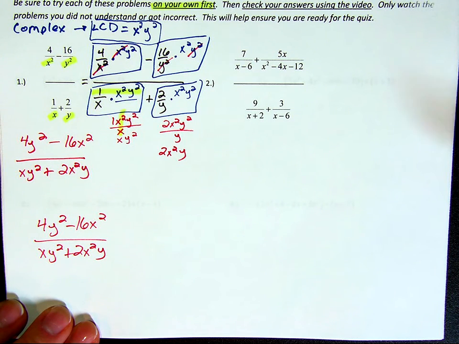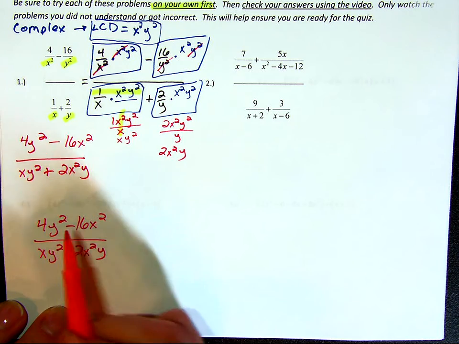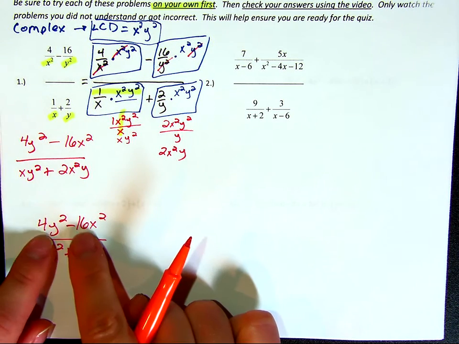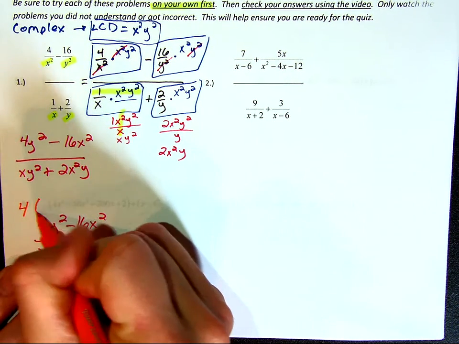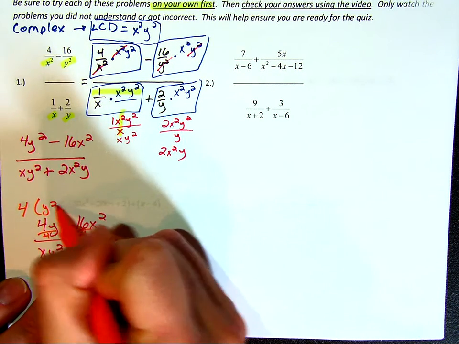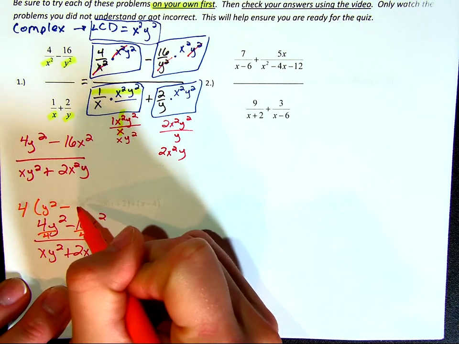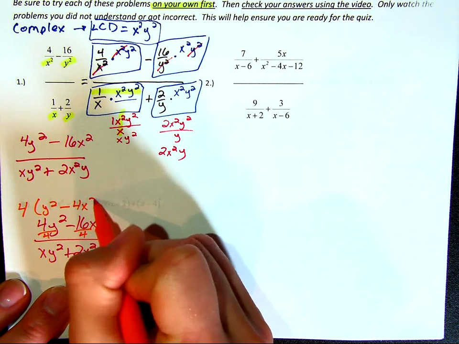So first thing we do is we look for a GCF, and in this case there is a GCF of 4, so be careful. A lot of you will want to split this right away, but there is a GCF of 4, so we have to factor that out first. So we're going to divide each piece by 4, giving us y squared minus 4x squared.